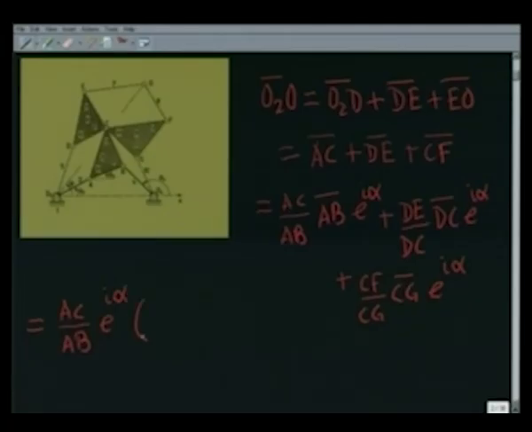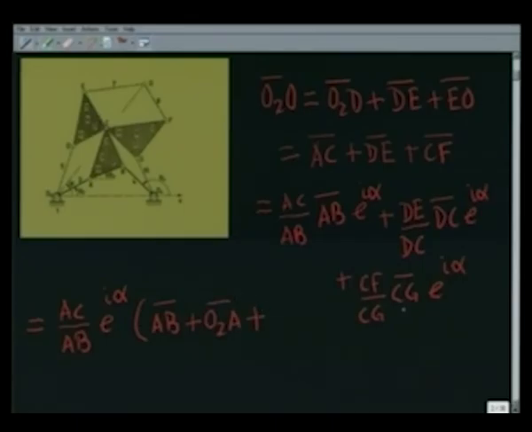That leaves me with vector AB from the first term, then vector DC, which is same as the vector O2A, because DC is same length as O2A and they always remain parallel. So, here I write, instead of DC, the same vector O2A.